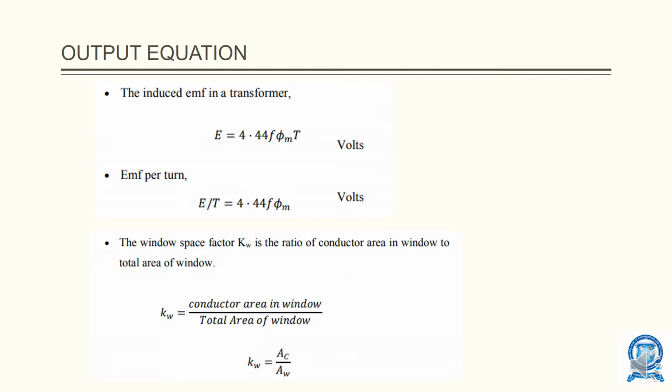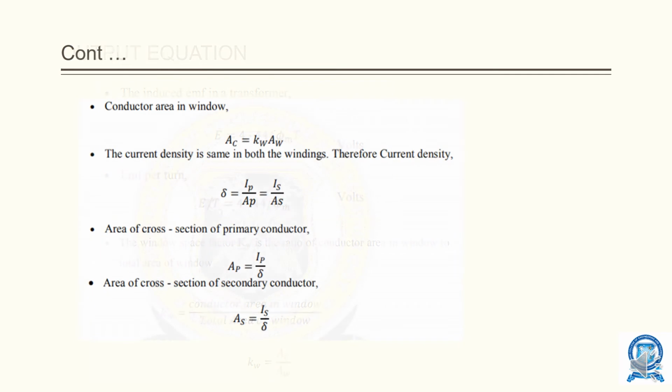The T gets cancelled. So the window space factor KW is the ratio of conductor area of window divided by total area. So KW is equal to AC by AW. From this expression, conductor area AC is equal to KW into AW. Just I have rearranged the above equation.